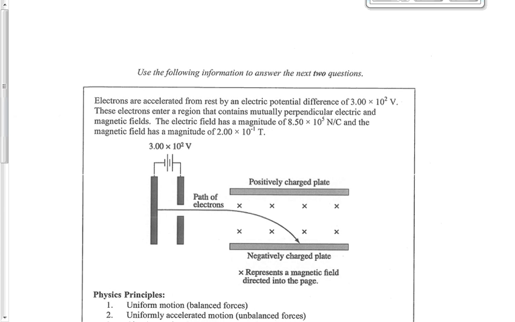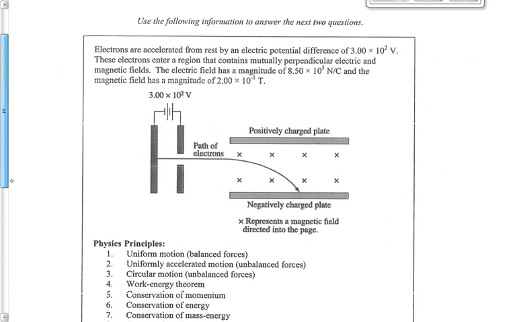Electrons are started from rest by an electric potential difference. They're volts. Right away, when I read that sentence, we can be active in our reading: electrons are accelerated from rest. I don't need to go any further in this question. Electrons are speeding up.